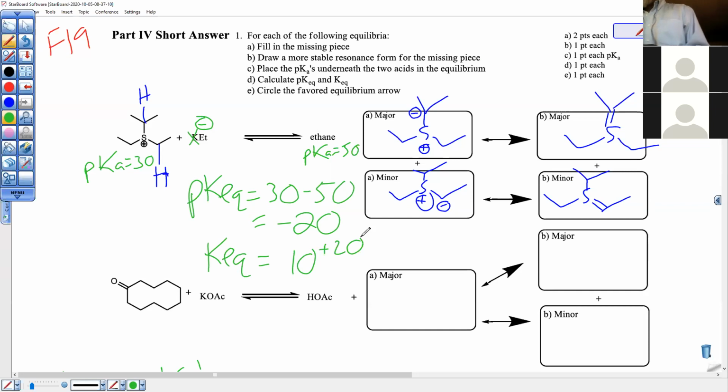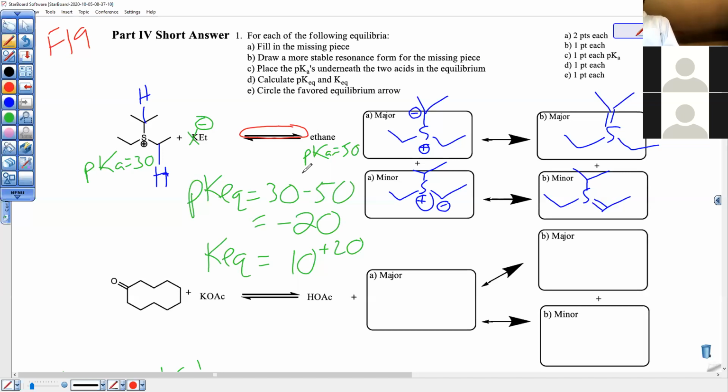Big time favoring products. And on your test, I will try to remember to break this down into something more easily circlable. Oh, wait a minute. You're not circling anything. You will be drawing the more stable favored arrow. Just draw it. Say right side or left side. And that's not too bad, is it?